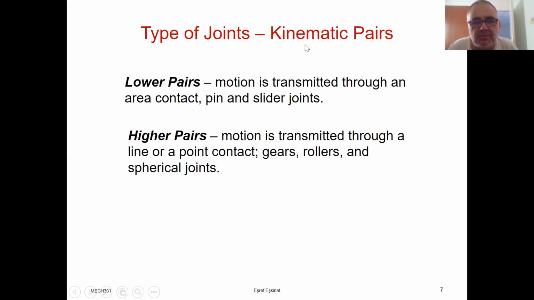Kinematic pair has another name, which is joint, by the way.